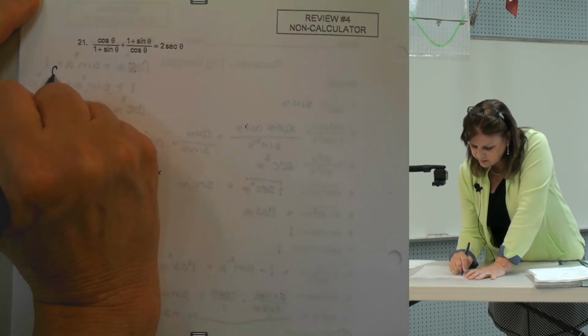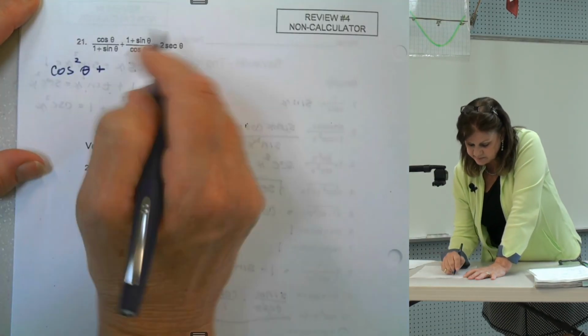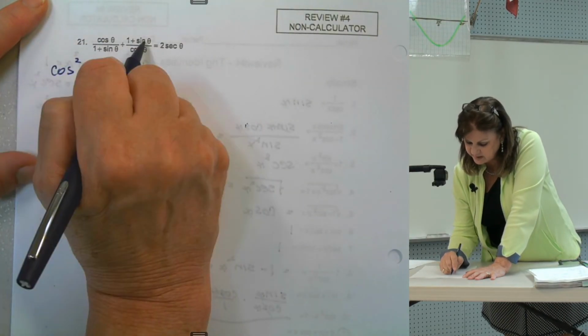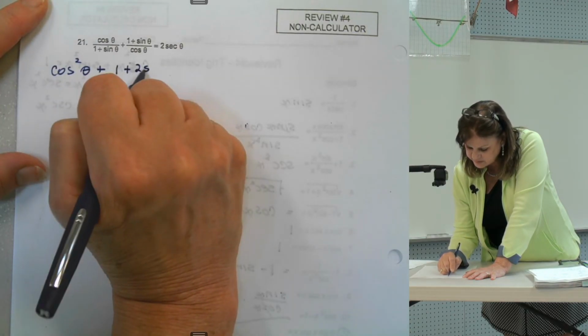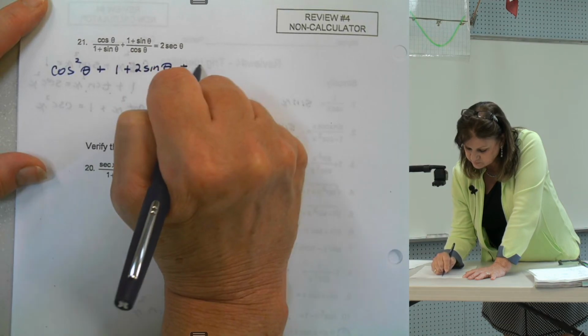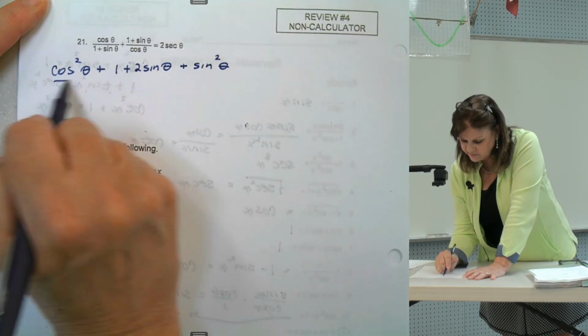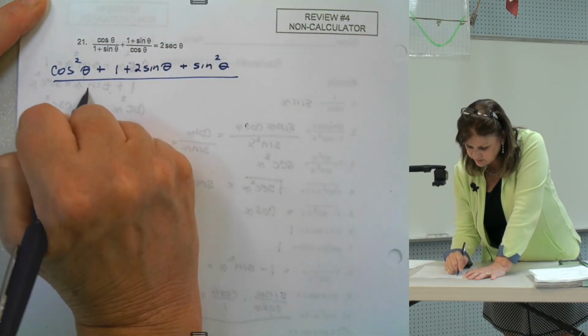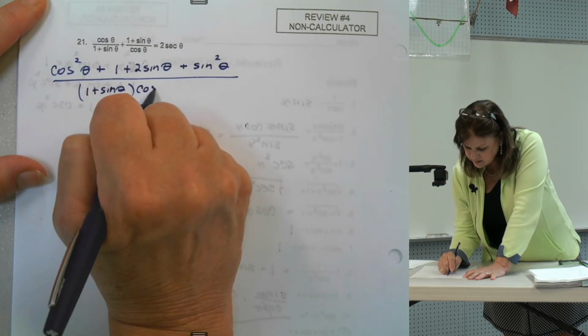So I've got cosine squared theta plus, when I multiply 1 plus 1 plus sine, I've got 1 plus 2 sine theta plus sine squared theta. And all of that, excuse me, is over 1 plus sine theta cosine theta.